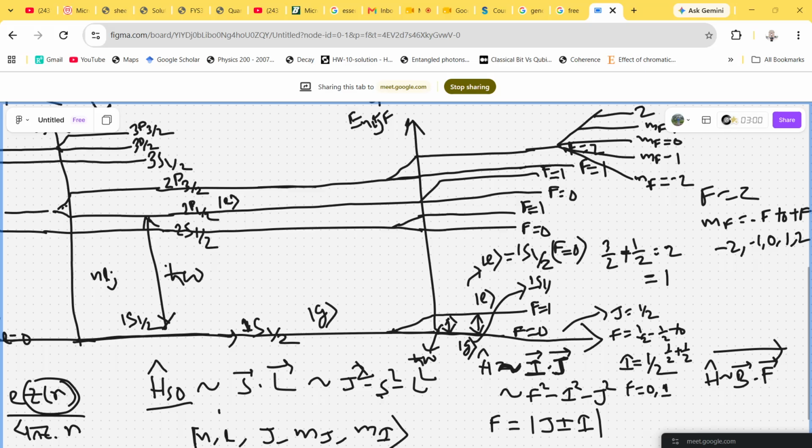Sorry, it is F1 for the excited state E, and F0 is your ground state G. So these two are your ground and excited states because the incident light energy h cut omega is the same as the separation between these two levels. I think it's clear, right?